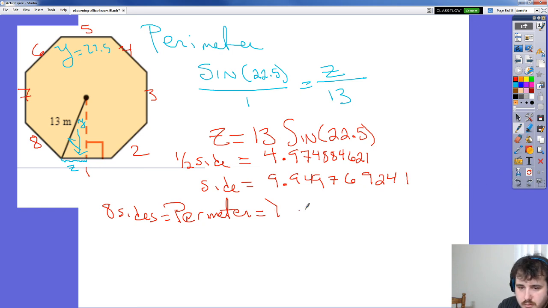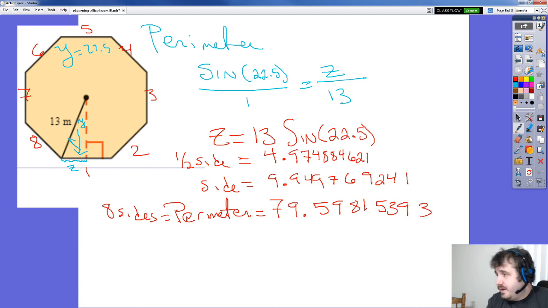This right here, that is the perimeter. Then we need to ask ourselves, how do they want it written out? They say to the nearest tenth, right? So let's draw the line after the nearest tenth, right here.